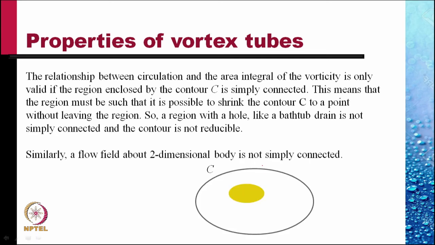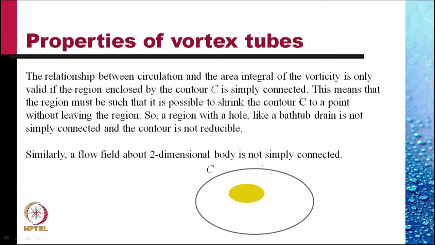Similarly, a flow about a two-dimensional body is not simply connected. This circuit C shown here cannot shrink to a point. The presence of this yellow body would forbid that. Of course, this is possible only in two dimensions.